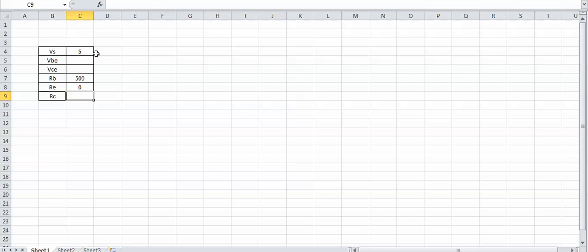And the resistance at the collector, we're going to lower it down to 200 ohms. And the voltage drop from the base to the emitter is, again, generally 0.7. And the voltage drop from the collector to the emitter is generally 0.2. Okay. And now we can solve for the Vin required.